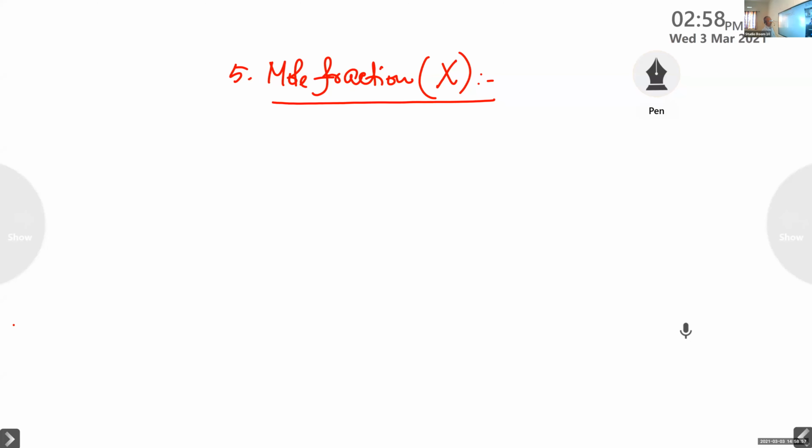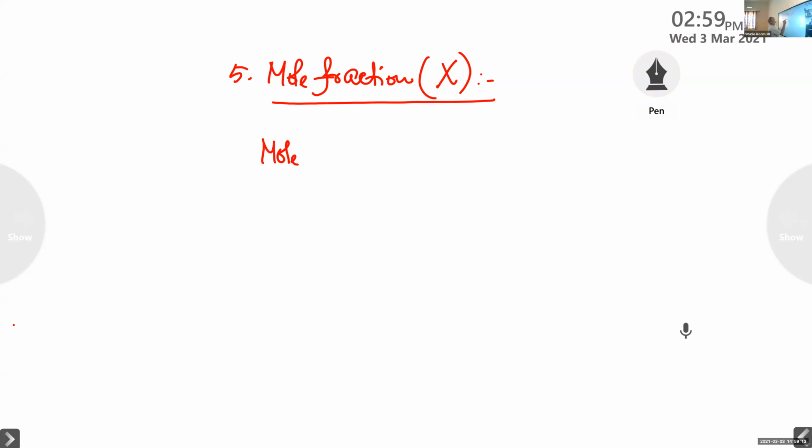So mole fraction is the ratio between the number of moles of the components and the total number of moles of all the components. So we can write the ratio like this.